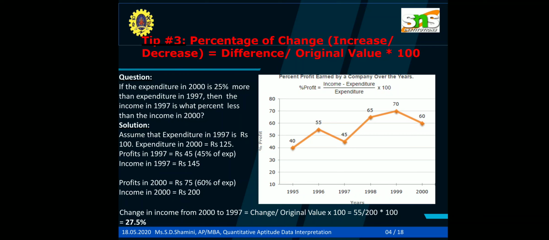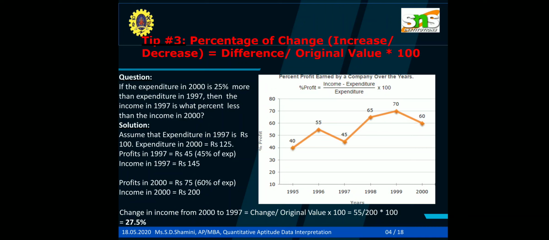Profit in 1997 is 45 rupees, which is 45% of your expenditure, so income in 1997 is rupees 145. Profit in 2000 will be 75, which is 60% of your expenses, and income in 2000 is rupees 200. So the change in income from 2000 to 1997 is the change divided by the original value 200.